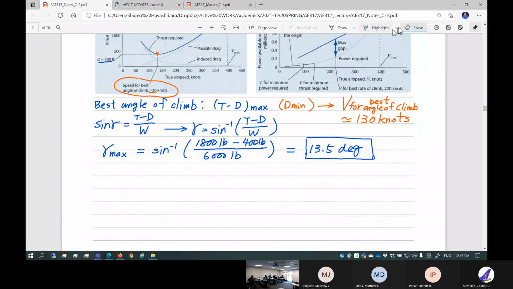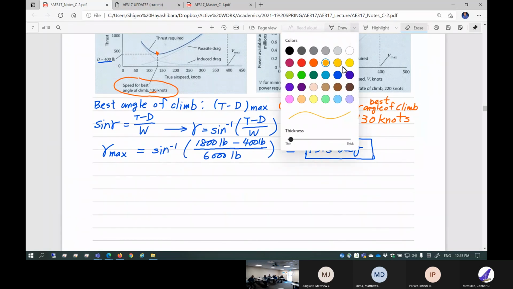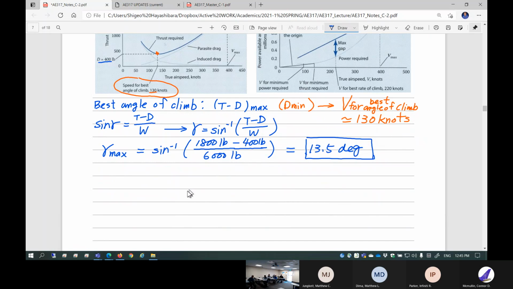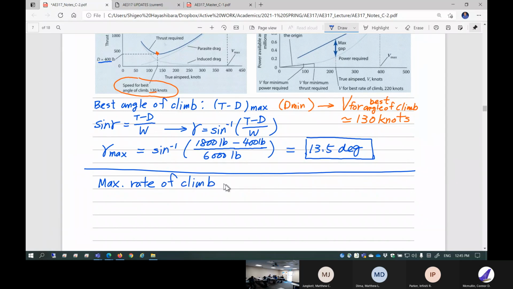So this is the best angle of climb, or maximum sustainable climb angle. Next is the maximum rate of climb. Maximum rate of climb, what is it?